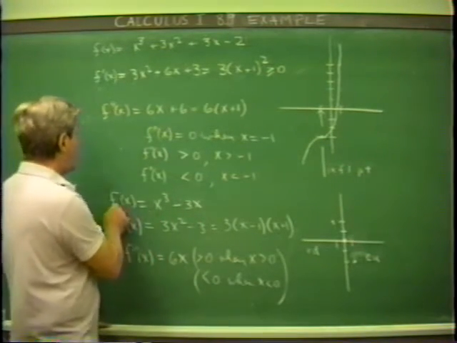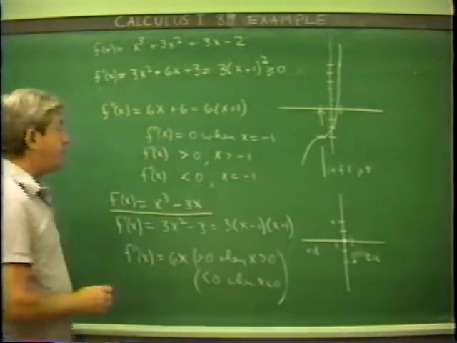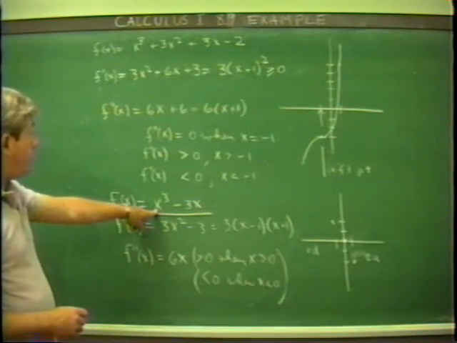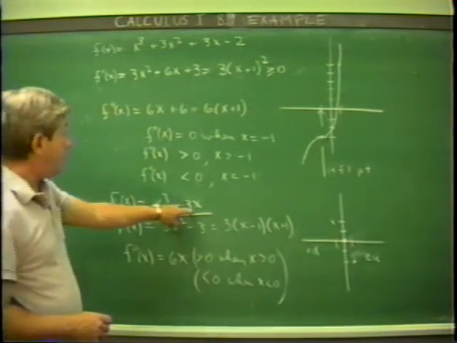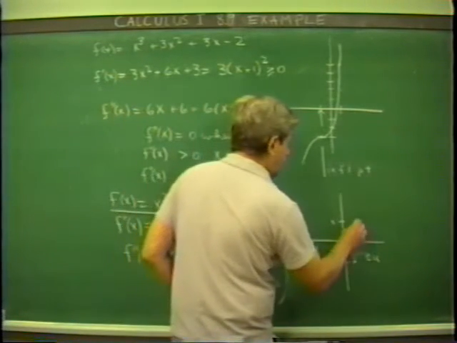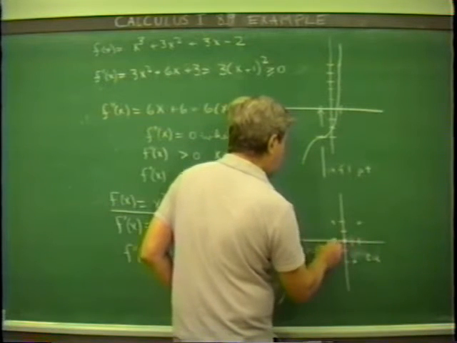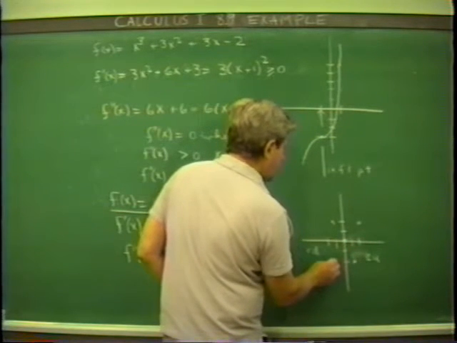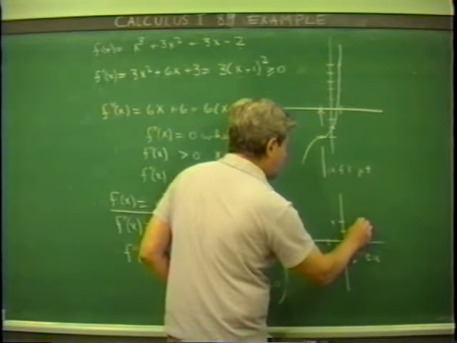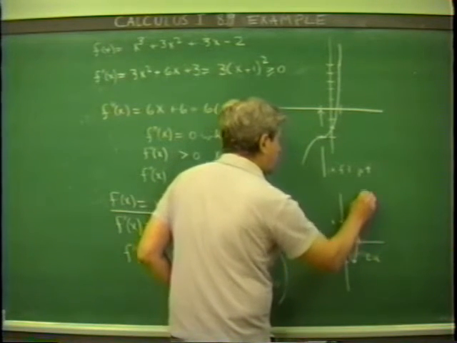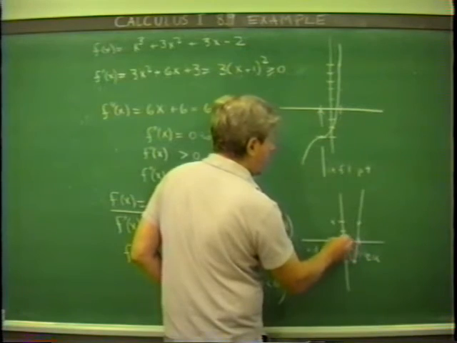That's to say the value at x is the negative of the value at minus x, and so this function is going to be symmetric about the origin, making it relatively easy to plot. The value of the function at 2, for example, is 8 minus 6, or 2. And the function at minus 2 is minus 2, and the graph of this function then looks like this.